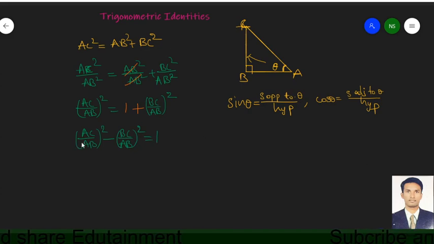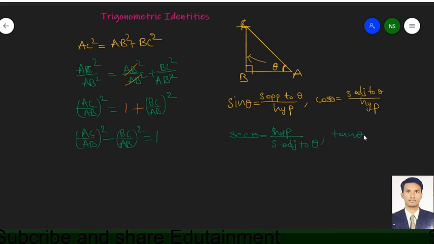Actually, I know that AC by AB is secant theta, hypotenuse divided by side adjacent to theta, and tan theta is side opposite to theta by side adjacent to theta.